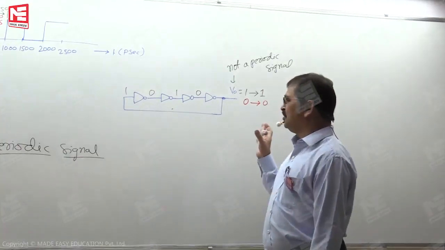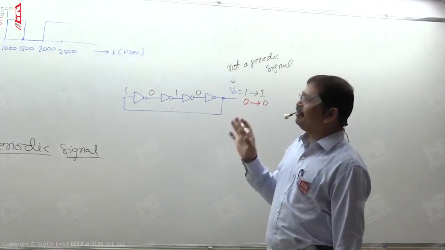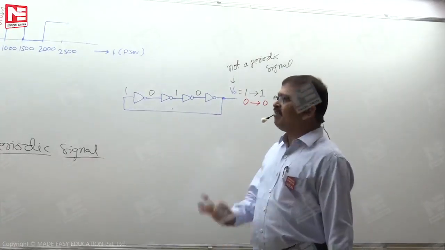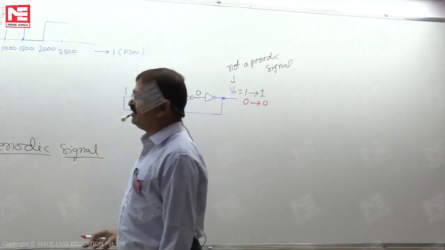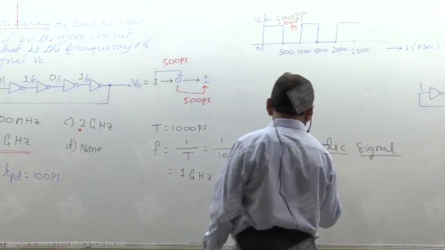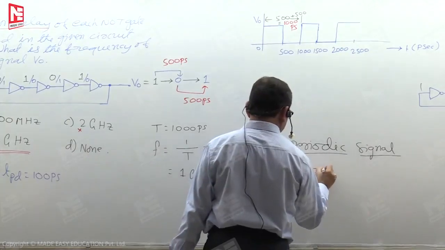So the conclusion is, if we want to have periodic signal generation with this sort of feedback circuit, then the number of gates present in the circuit must be an odd number of gates.